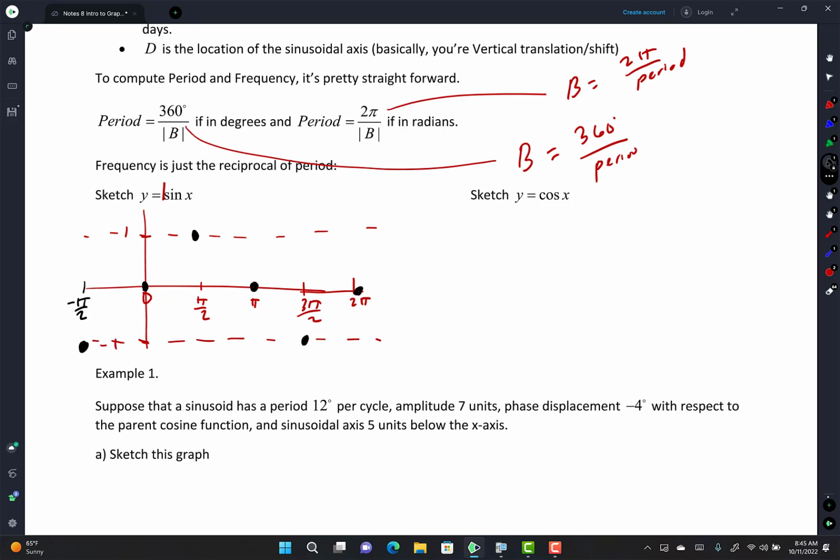Here's what you're going to do. On the maximums, draw a concave down, but make it point towards those zeros there. On the mins, draw a concave up. And now connect them to the x-axis. Try to make the x-axis a point of inflection.